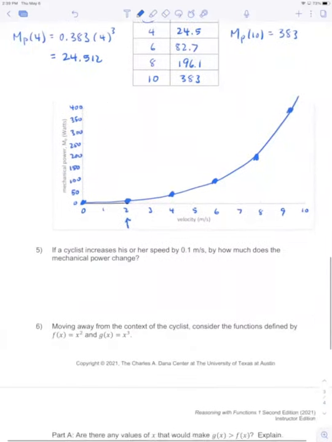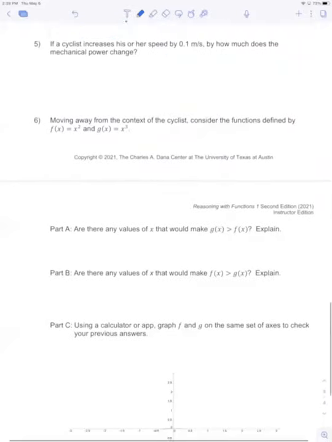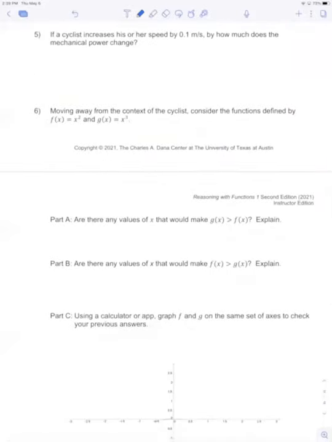Let's look at number 5. If a cyclist increases his or her speed by 0.1 meters per second, how much does the mechanical power change? Again, it's going to depend on how fast the cyclist was originally traveling. If we start relatively slowly, say 0.5 meters per second, and we increase to 0.6 meters per second, it's going to be the same basic thing that we did last time.